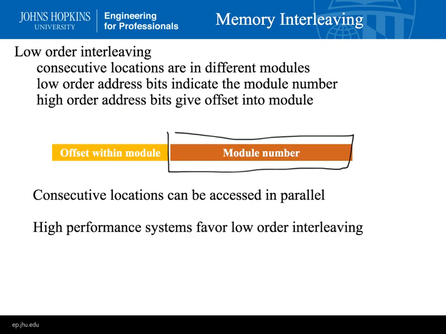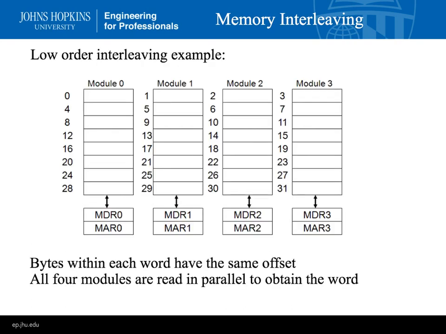Another way is low order interleaving, where the lower part of the address indicates the module number, so consecutive addresses are in different modules. And here's an example where 0, 1, 2, 3 are in different modules. So if you're doing an array and you had the communication to do it, you could get several at a time from an array.